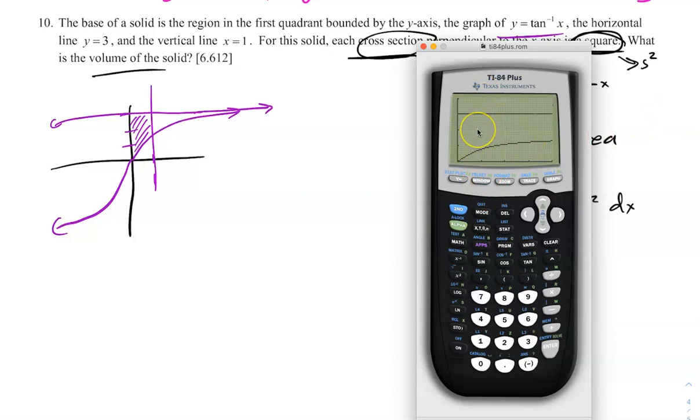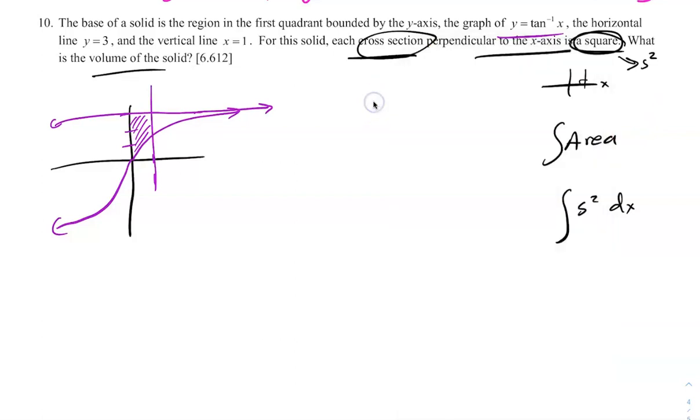So you can see it's kind of the same thing. It's right there. Now the good thing about this is I have my limits already, right? We're going vertical. We're going up and down. So we're starting at 0. We're going to 1. How nice. All we need now is the slice here. We want to do a square. So my slice is kind of like this. So remember, all the slice is top minus bottom.